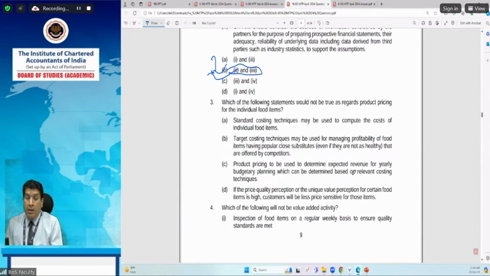Here, it is very important to note that standard costing also involves planning and operational variances. In the food industry, there is a huge importance of planning and operational variances. Sometimes prices are beyond our control.